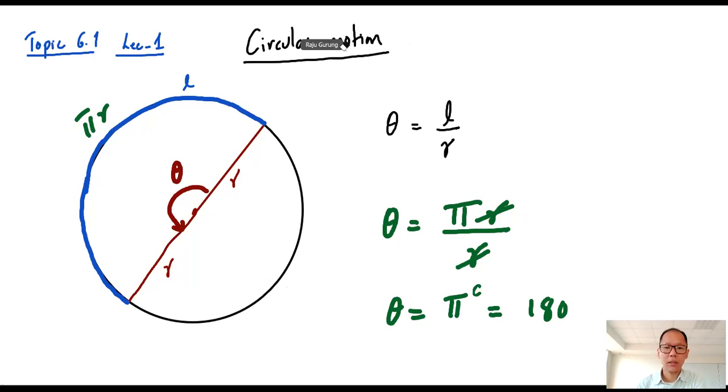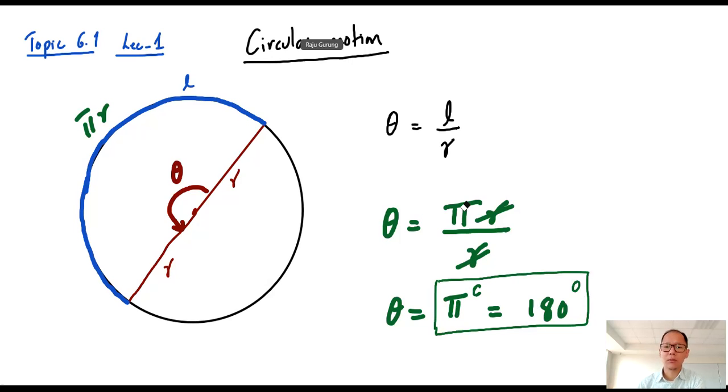So this is the conversion rule for theta, for degrees and radians. This is basically a definition that relates radian with degrees.